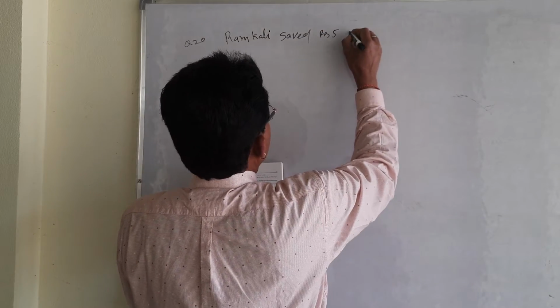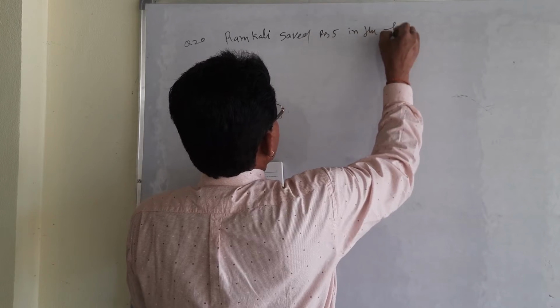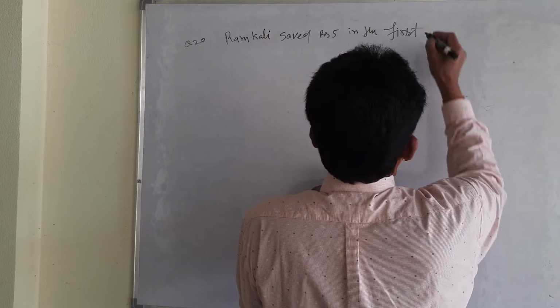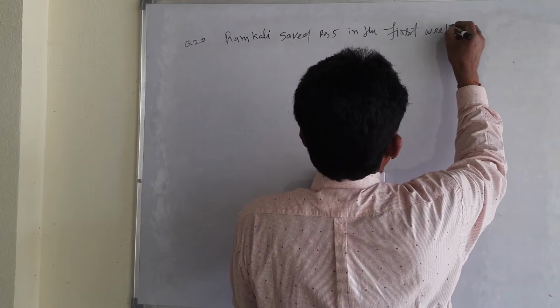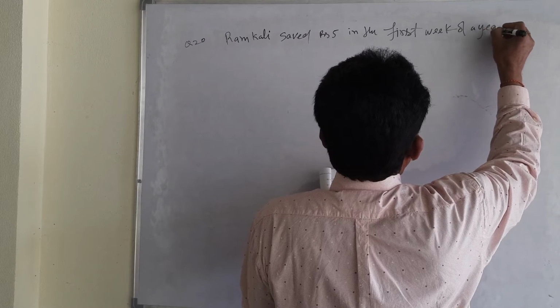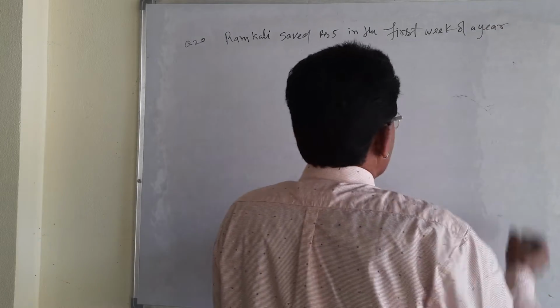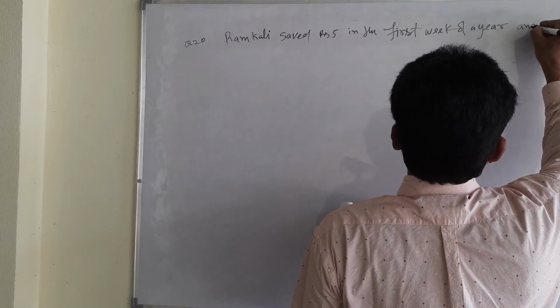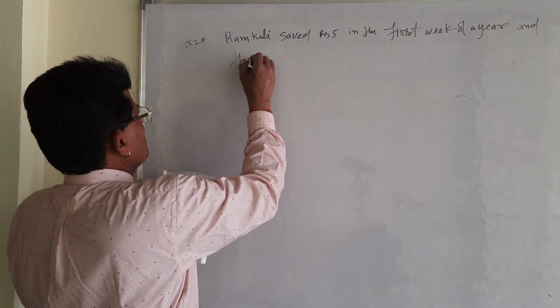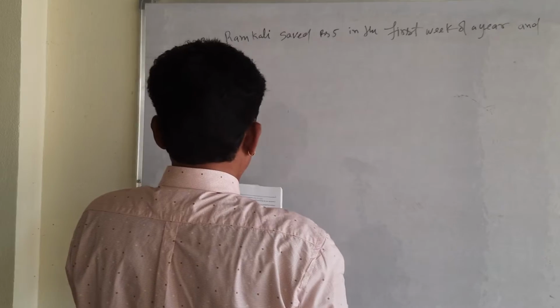Ramkali saved rupees 5 in the first week of a year, and then increased her weekly saving by rupees 1.75. You can see this question in your NCERT book also.